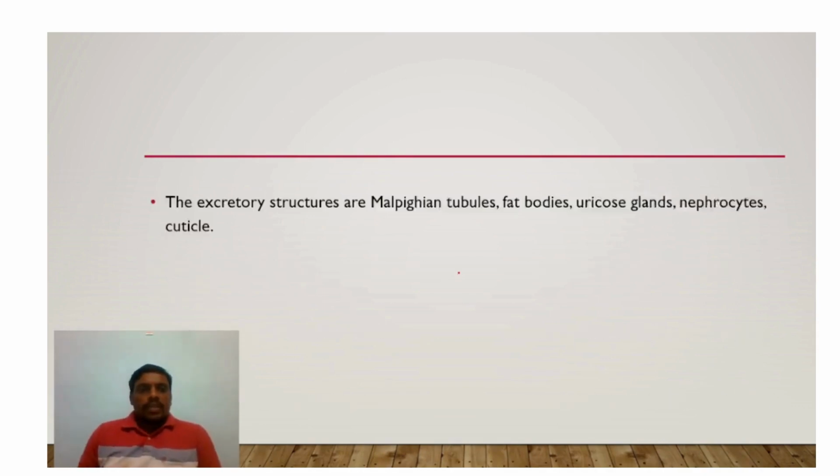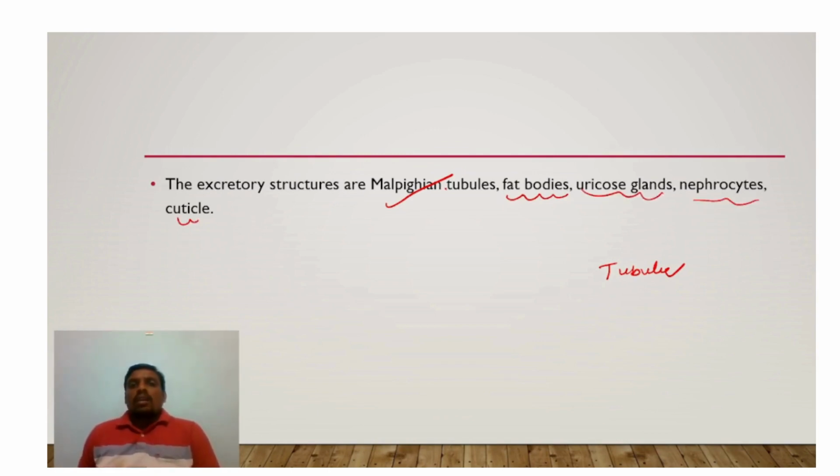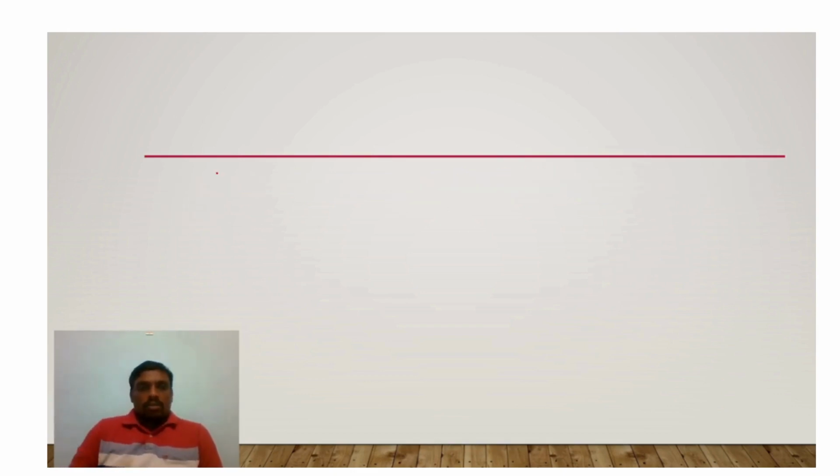Apart from this, the excretory structures are Malpighian tubules, which I have drawn in the first slide, fat bodies, uricose glands, nephrocytes and cuticle. These are important excretory structures of the cockroach.